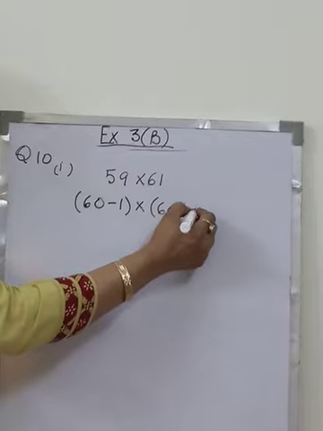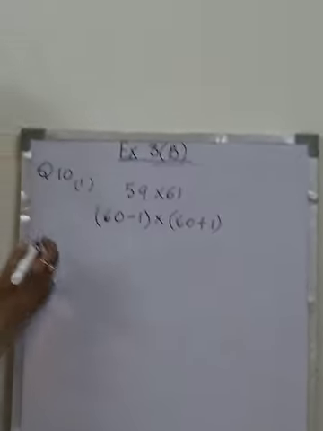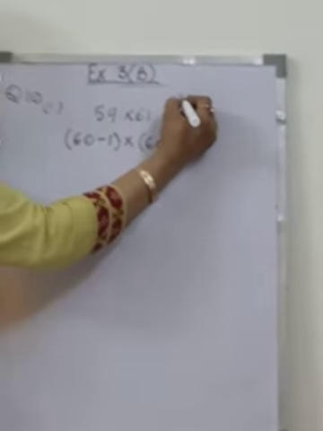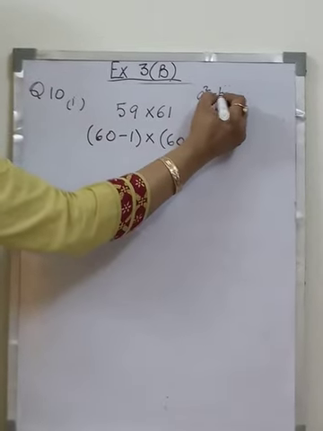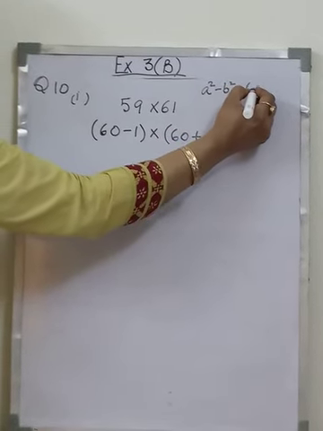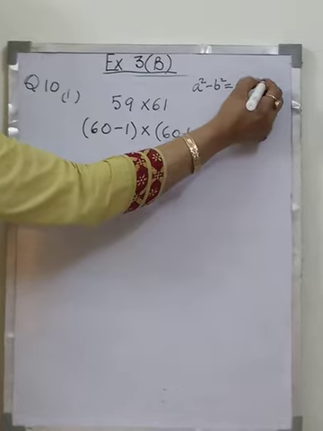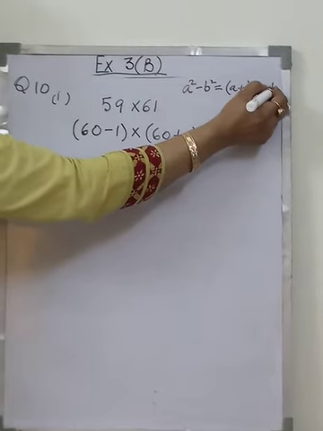Now in place of 59 can we write 60 minus 1, and in place of 61 what can you write? 60 plus 1. It is based on the identity a square minus b square is equal to a plus b into a minus b.